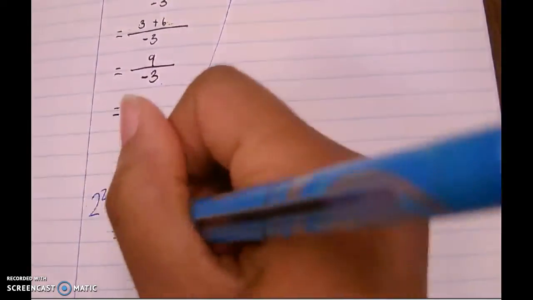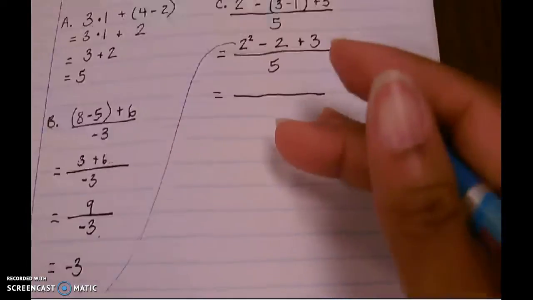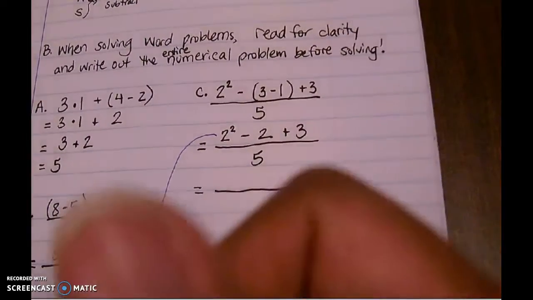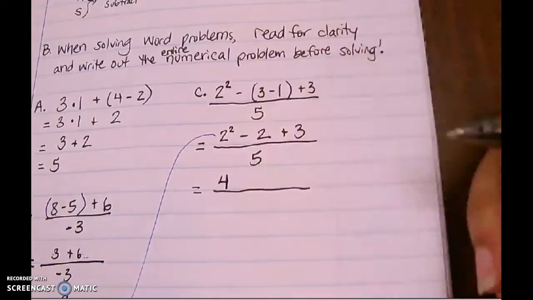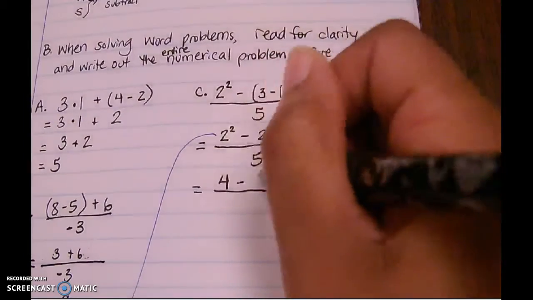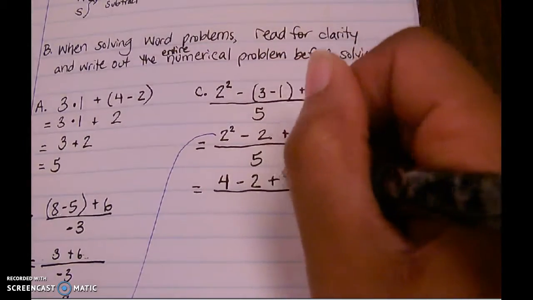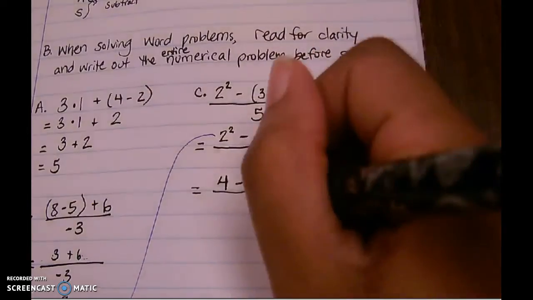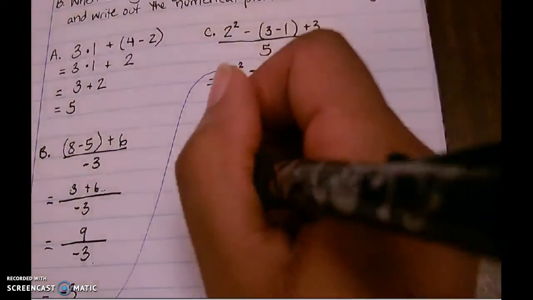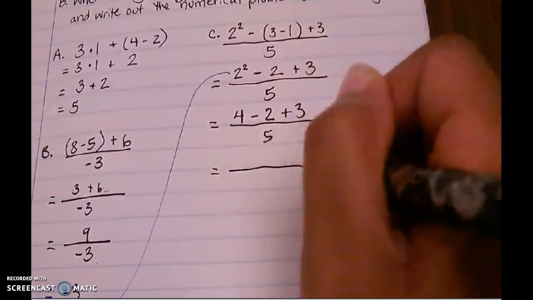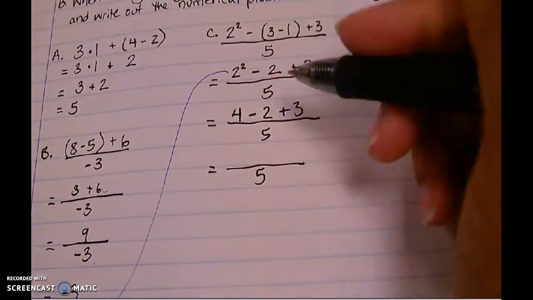And I know that 2 times 2 equals 4. So, going back to my problem, I can replace this with the number 4, bringing down everything else. Minus 2 plus 3 over 5. Now, I'm going to bring down my equal sign, draw my dividing line, 5.